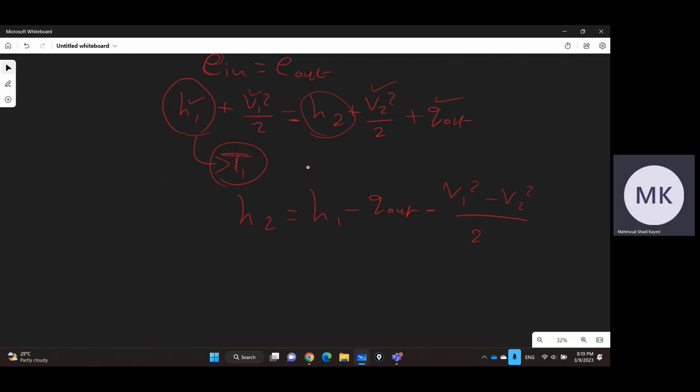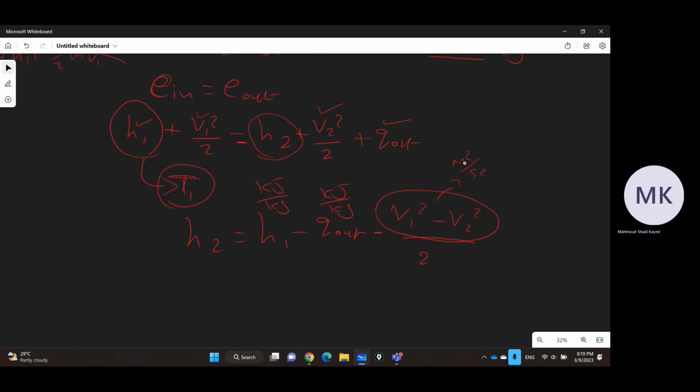Now this enthalpy we found from the table is in kilojoule per kilogram. Q out is also given in kilojoule per kilogram, but this velocity term is in meter squared per second squared, which is equal to joule per kilogram. So we can't simply add them together.